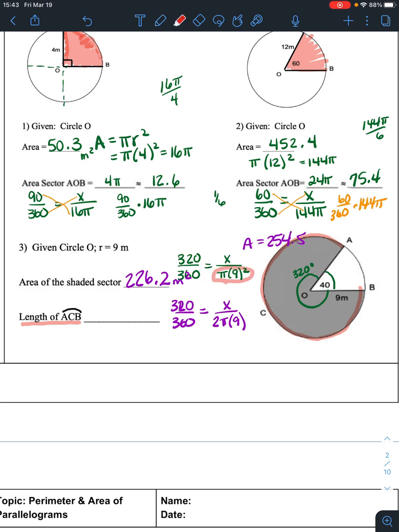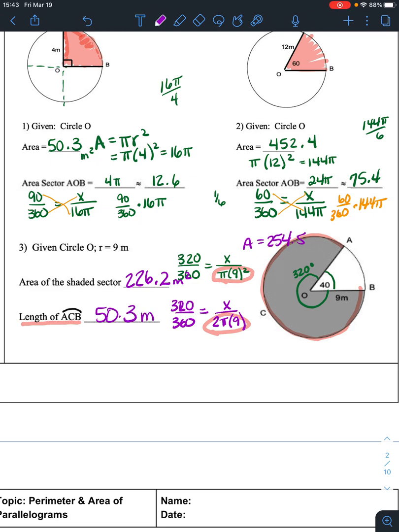This one's for area, this one's for length. It's almost the exact same formula. The only thing that changes is the whole. Do I want the whole distance around, or do I want the whole area? So I can type in 320 divided by 360, multiply that by 2 times pi times 9, and I get 50.26 or 50.3, and that's meters.